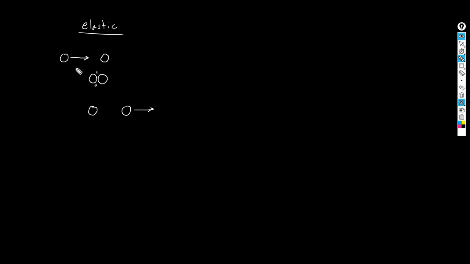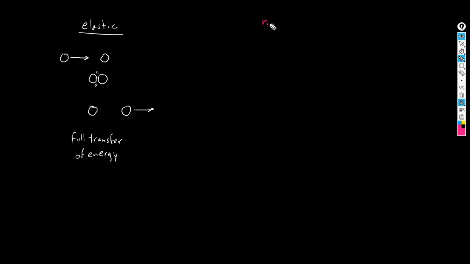So I'm drawing the two arrows relatively the same. I'm not perfect. But an elastic collision is one where there's a full transfer of energy. Now, this is completely unrealistic. You can't have a full transfer of energy because in all collisions, some of that energy is going to be lost in the form of heat. So, in a theoretical elastic collision, there's a full transfer of energy between particles.